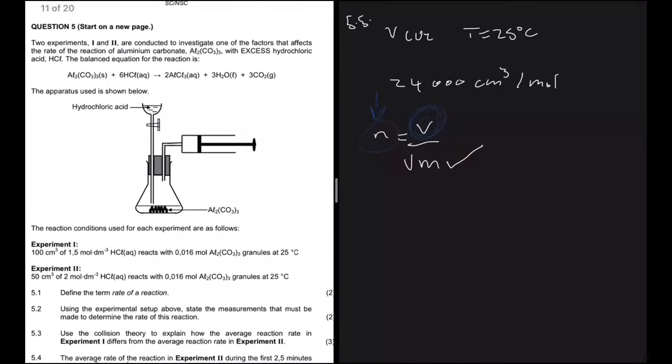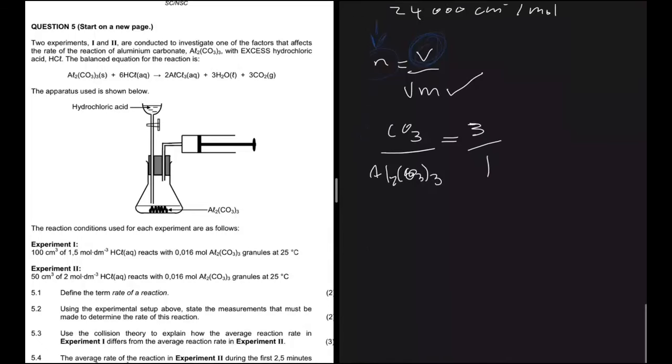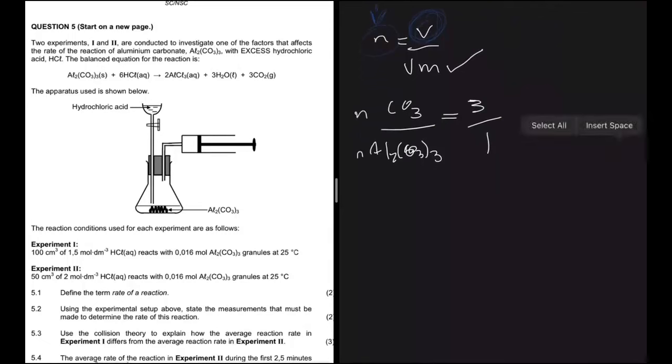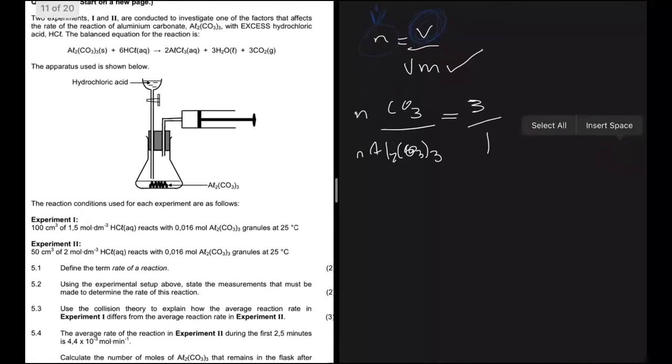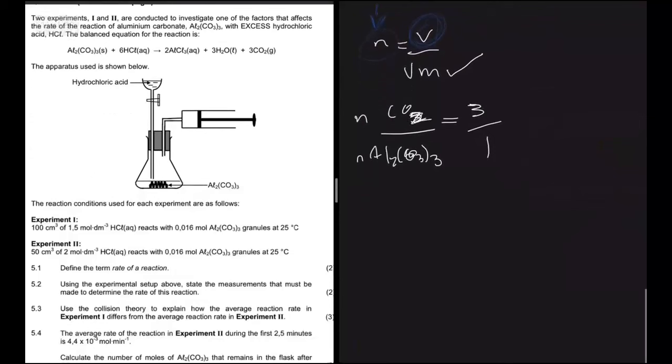In our balanced equation, we have CO2 balanced with 3, and aluminum carbonate, Al2(CO3)3, which is balanced by nothing, basically just 1. We calculate the number of moles of CO2 by cross multiplying. So the number of moles of CO2 equals 3 multiplied by the number of moles of aluminum carbonate.